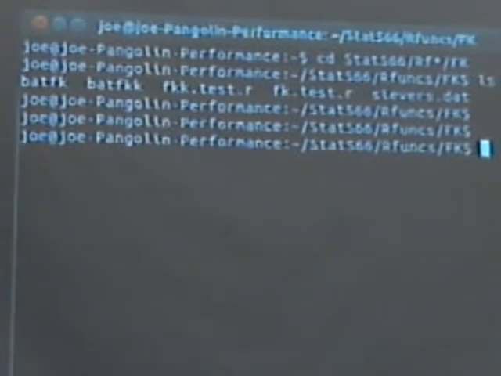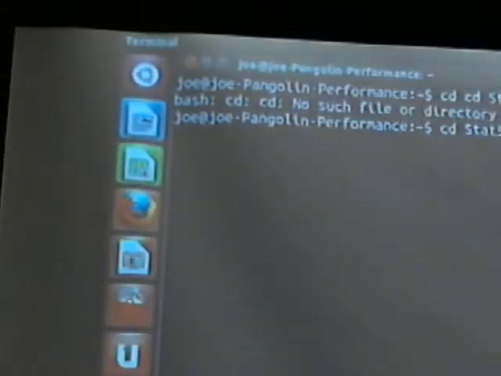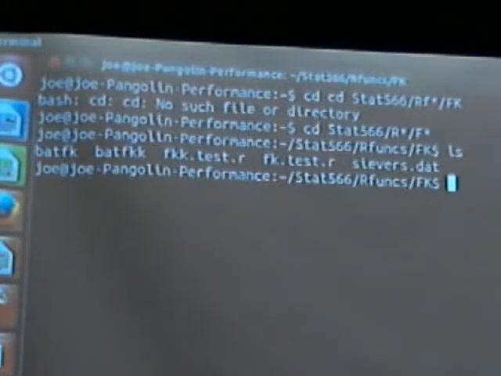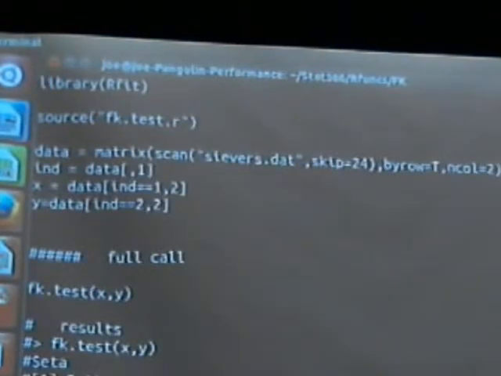I should be able to do this. That is the K sample version. Now, in fact, I'll show you where this is.